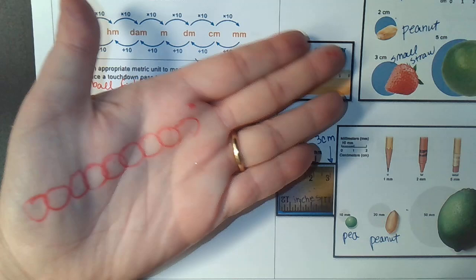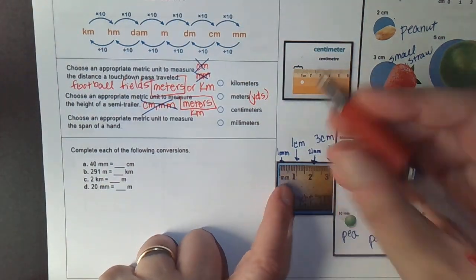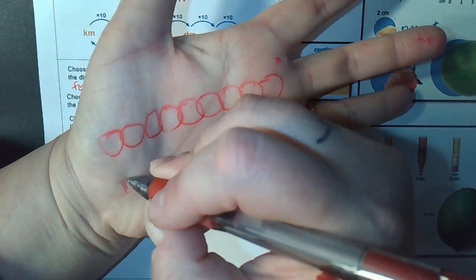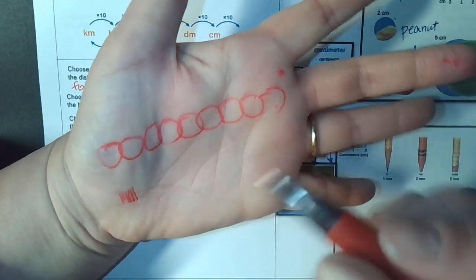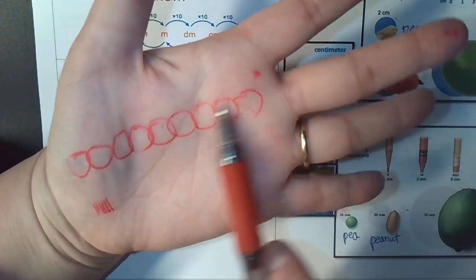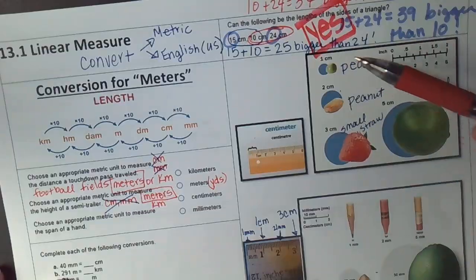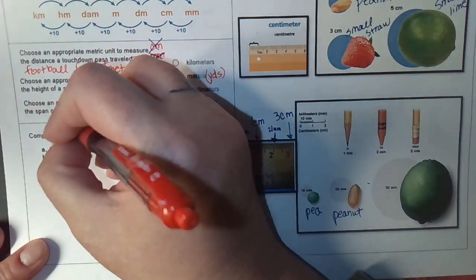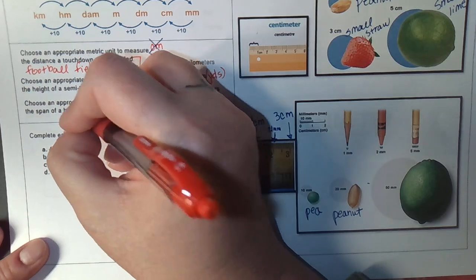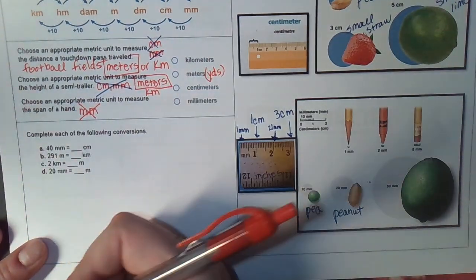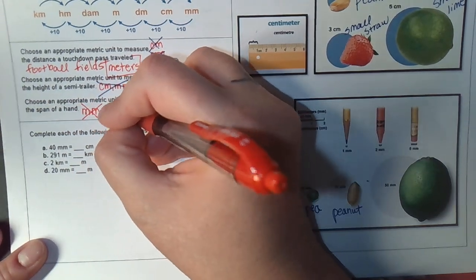Or should we measure our hand with these little bitty tick marks? Yeah, it's more feasible to measure our hand with centimeters, the size of those peas, because millimeters is way too small. Kilometers and meters are way too big, so we're going to use centimeters.